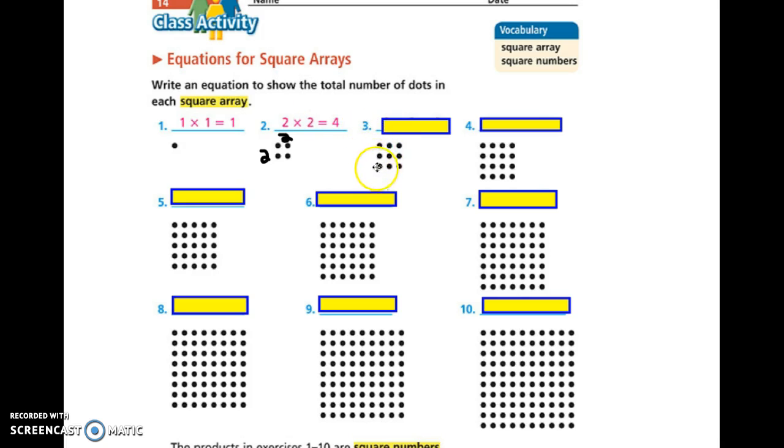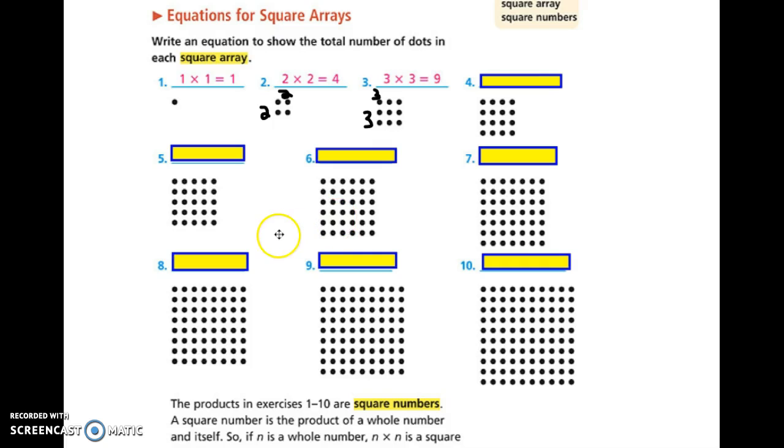All right, go ahead and try this one on your own and see if you can write the multiplication equation for number 3. All right, if you got 3 times 3 equals, and how many dots are there? 9. So 3 times 3 equals 9. You did it correctly. All right, let's jump down and do a little bit more tricky one.